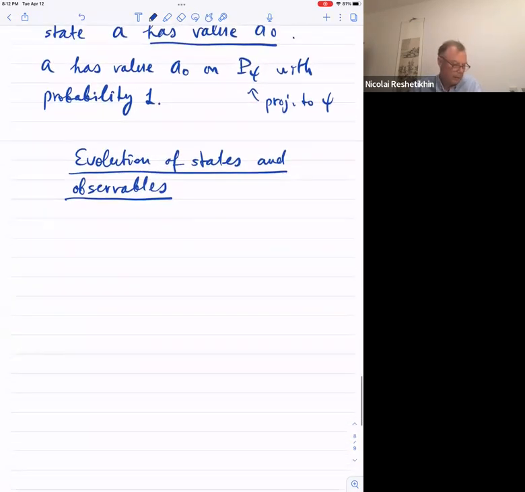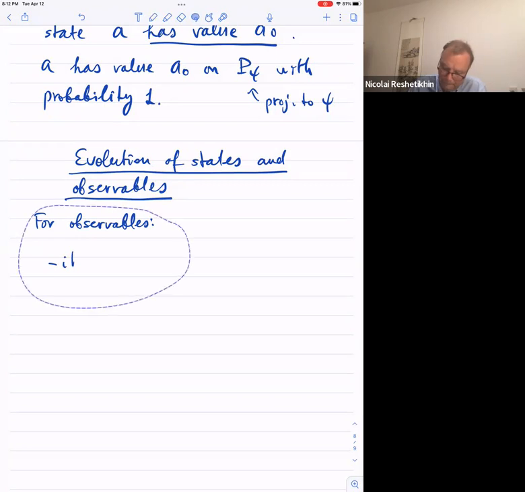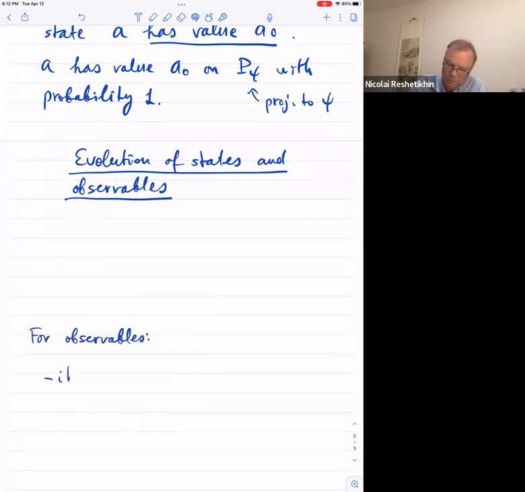Before we define the evolution, we have to choose a Hamiltonian.